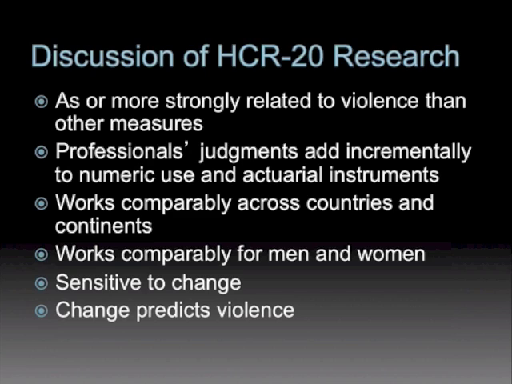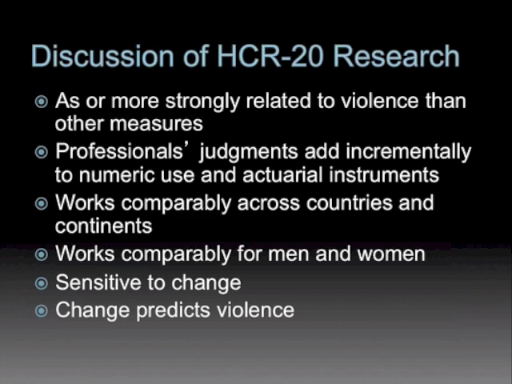So what we've learned from the HCR-20 so far, as well as other SPJ instruments, is that they are as strongly, if not more strongly, related to violence than other measures. Professionals' judgments, when used by clinicians to make decisions, add incrementally to the numeric use not only of the instruments themselves, but of other instruments too, be it the PCL-R or actuarial instruments.